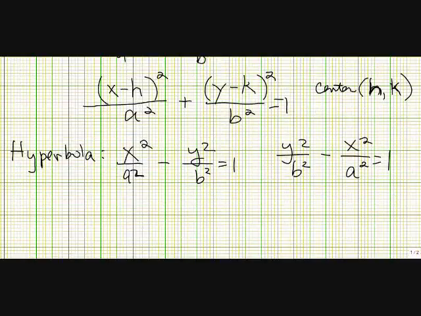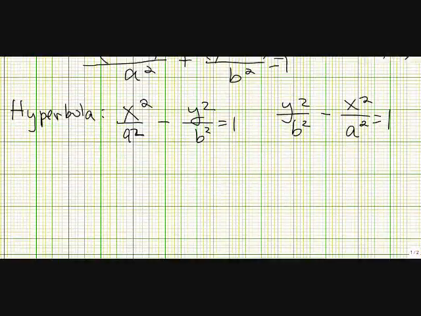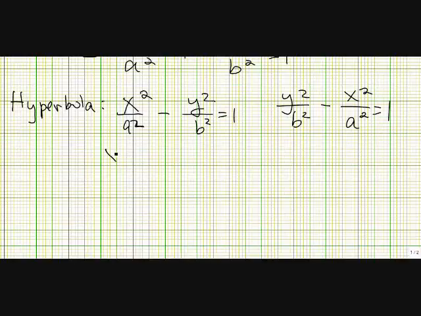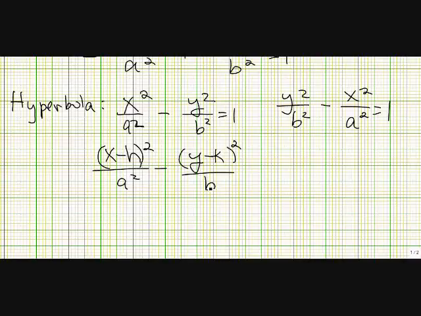Those have center at 0, 0. And we're going to do the same thing. x minus h squared over a squared minus y minus k squared over b squared equals 1 moves the center of the hyperbola to h, k.